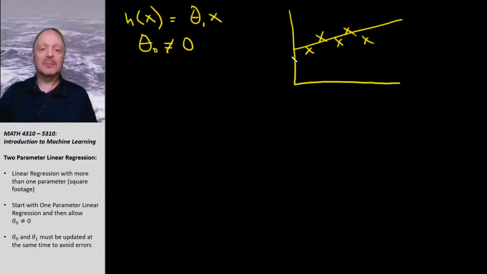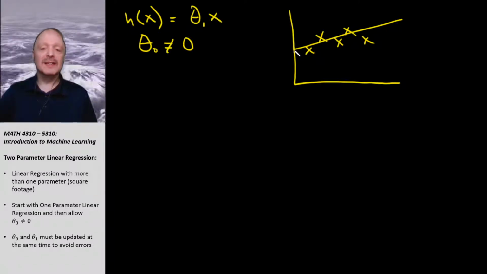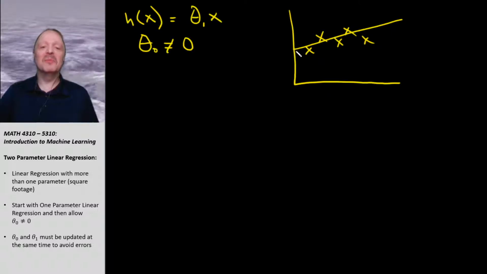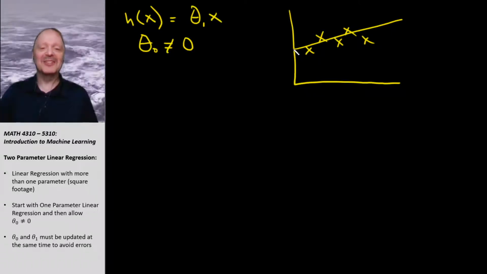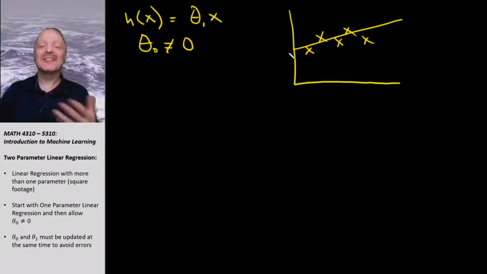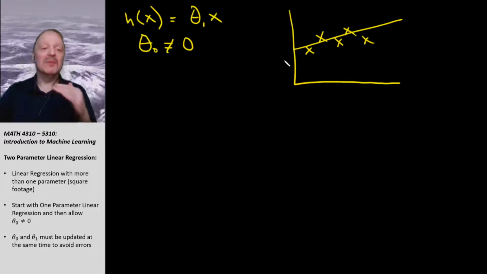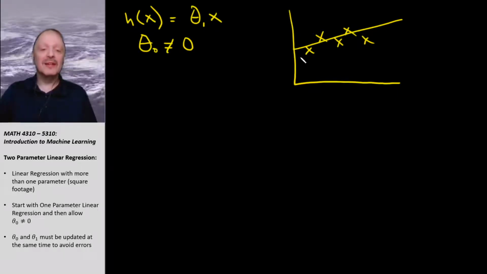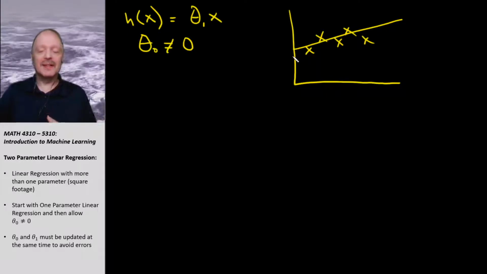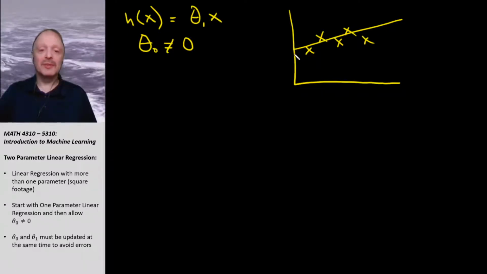In the case of the price of houses, if the y-axis is the house price, this is the minimum price for a house. A 0 square footage house, how much would that cost? It's kind of a silly concept, but there is a bare minimum that you just don't go below for a house. So it does make sense in that respect that we would need a theta 0 not equal to 0, the y-intercept not equal to 0.